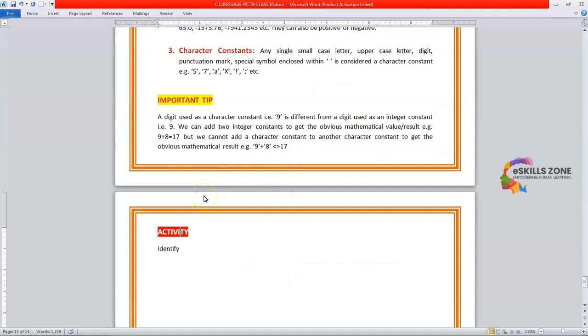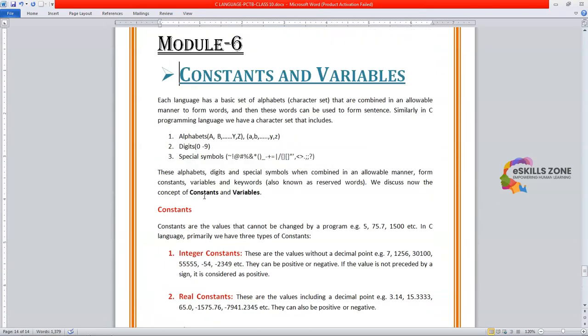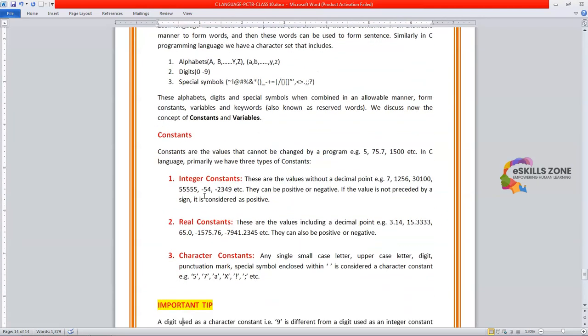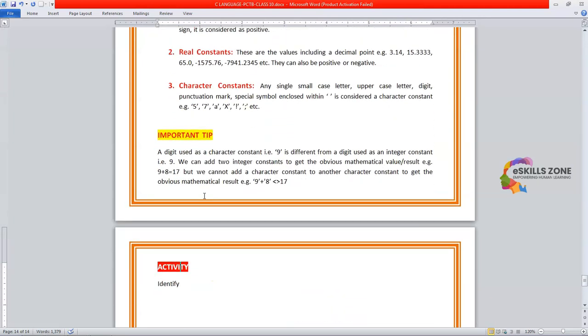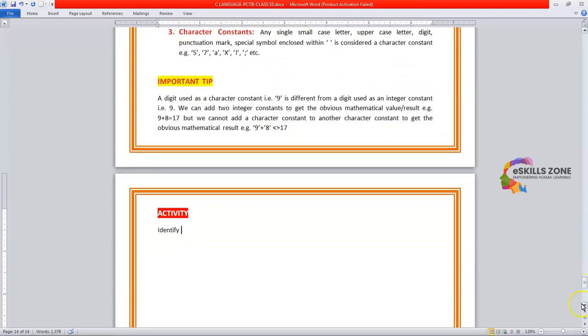After discussing all the constant types and learning an important tip, now we will perform an activity where we will identify the type of constant for each of the following values.